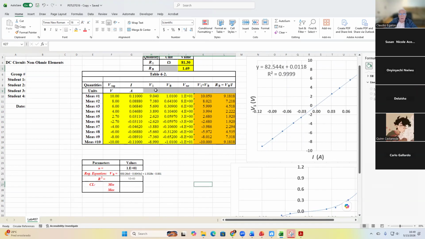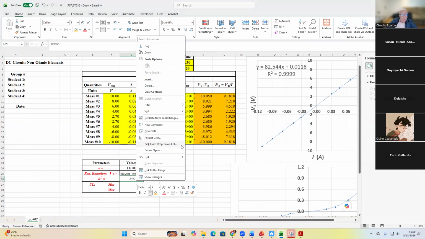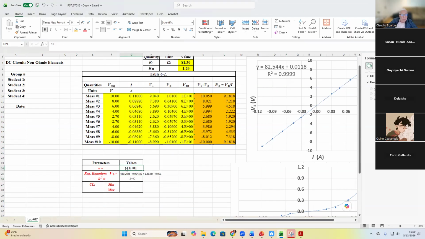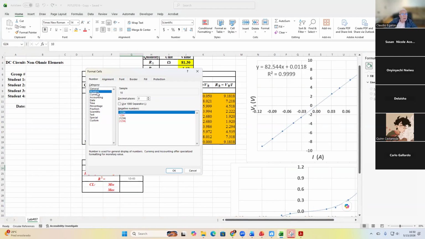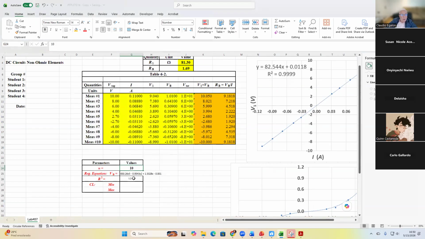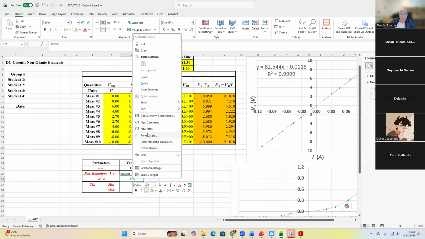Professor, can you show the CL again? CL, yes. Let's go for the CL, right? We gotta write down the R square here first. We have 10 measurements. Format cell number. Format cell.